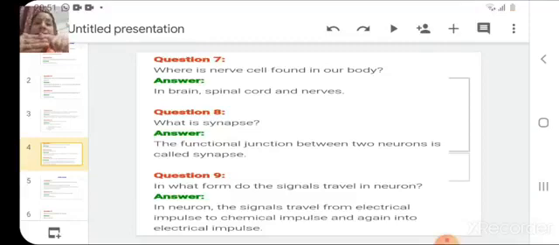So the electrical impulse is now converting into chemical impulse, and again when it is coming into the next neuron, neuron 2, it will again convert into electrical impulse. That is how the transfer of impulses takes place in our nervous system. So the answer to this question is, in neurons, the signals travel from electrical impulse to chemical impulse and again into electrical impulse.